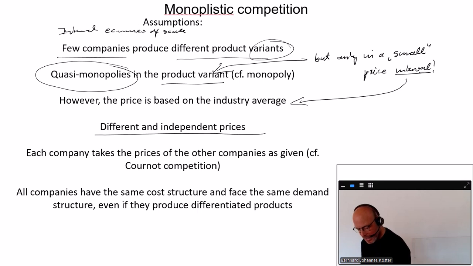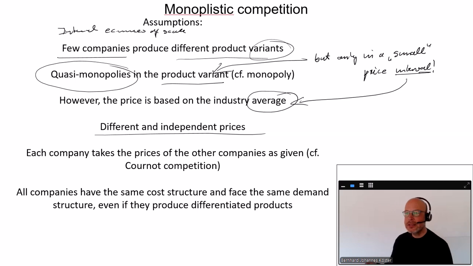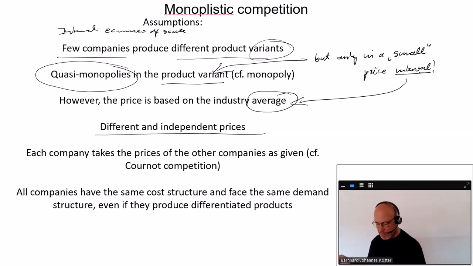So in general, we will then find different and independent prices from each other, orienting on the average of the industry. This then, so to speak, means that we take the prices of the other companies as given. And this is then somehow similar to Cournot competition. Remember Cournot competition?